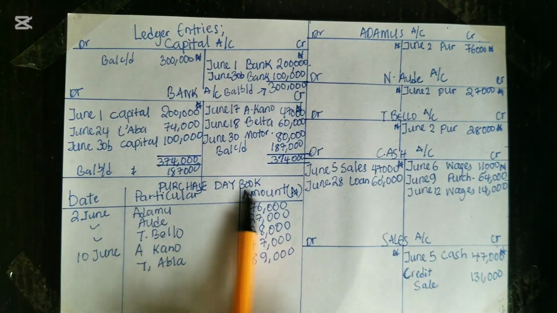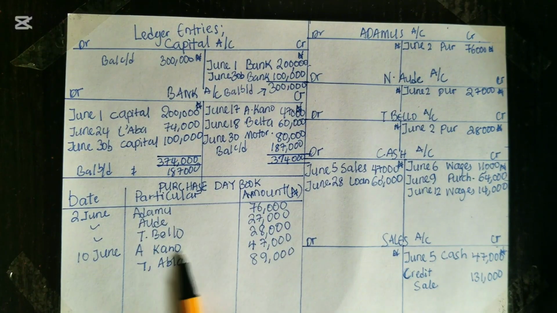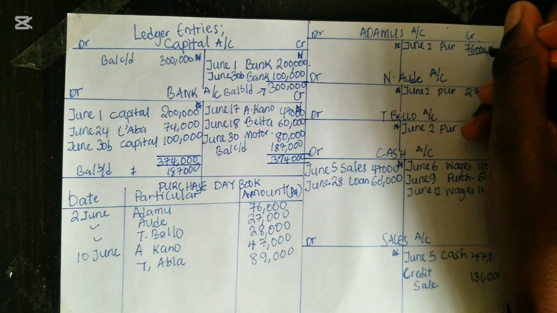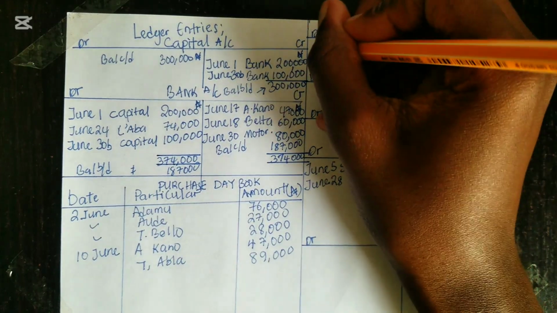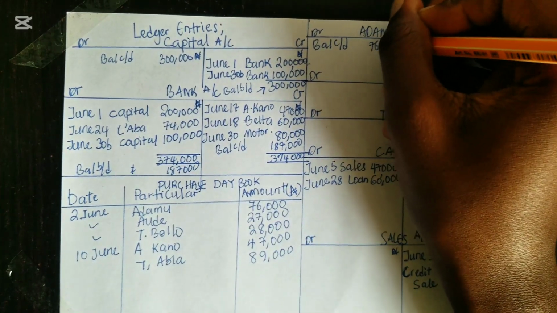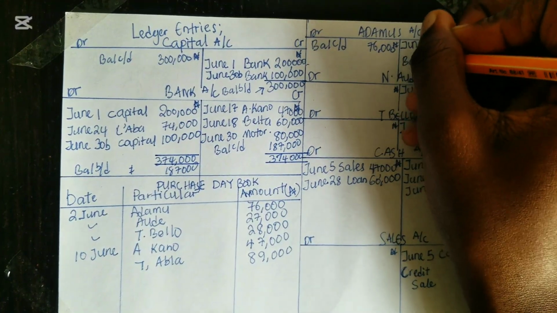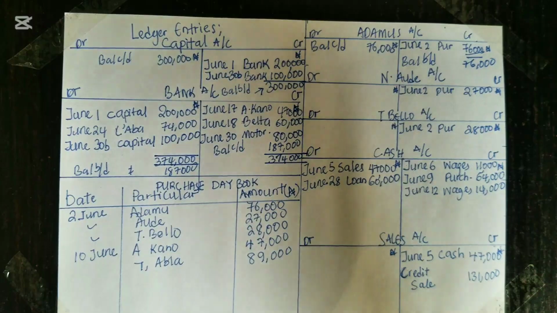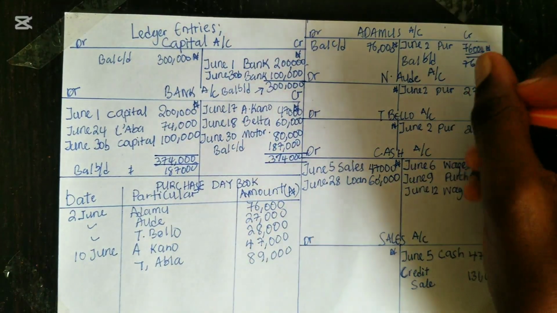So now for purchases, we don't need to calculate this because we have already moved everything to our purchases account. So for Adamu's account, 76,000 here. So we'll just put balance carried down 76,000, balance brought down 76,000. The same thing for Naldo.